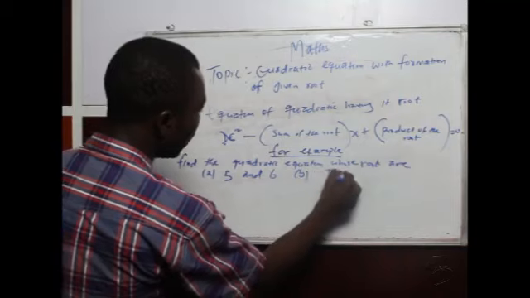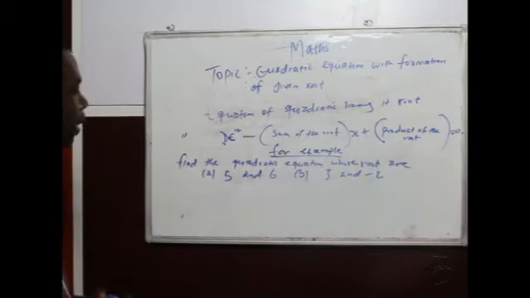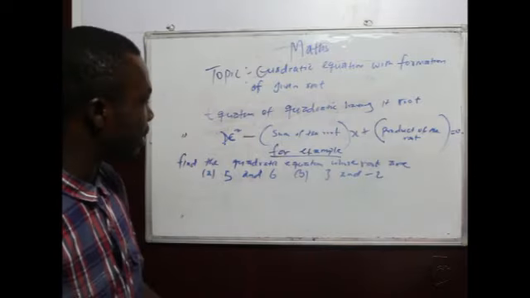B, 3 and minus 2. So these are the two examples by which we are going to use, and you are going to understand it.